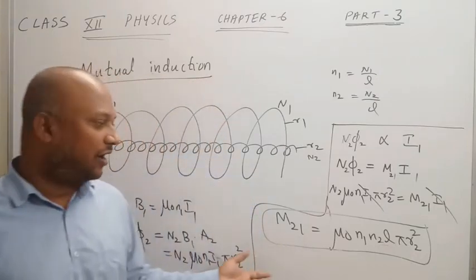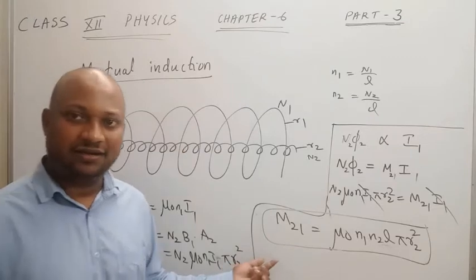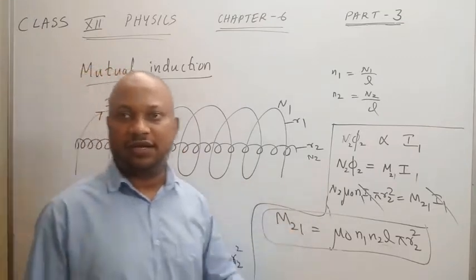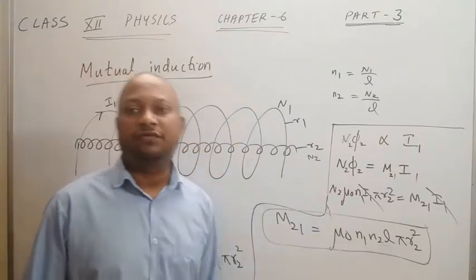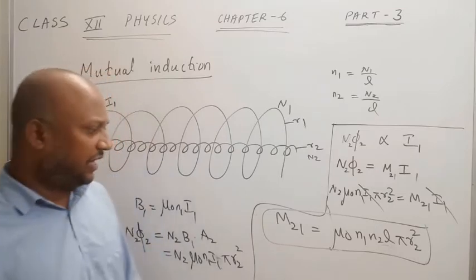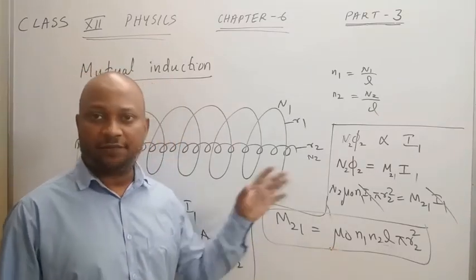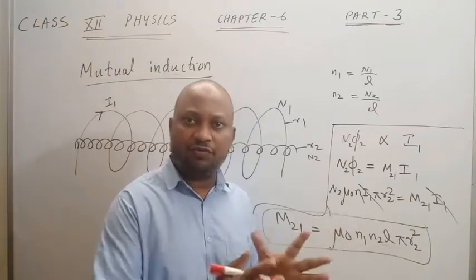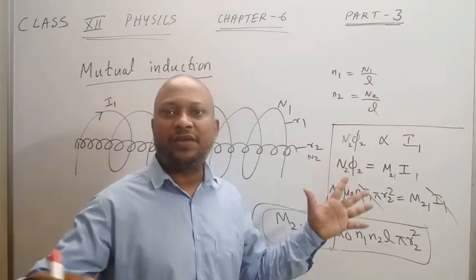So here you have derived the mutual inductance formula for the second inductor, or second coil, or second solenoid. It could be a coil, it could be a solenoid, the second solenoid with respect to the first solenoid. So the mutual inductance of the second coil with respect to the first coil depends on the magnetic permeability, it depends on the number of turns, how closely it is wound: if it is closely wound, there is a greater number of turns per unit length, and if it is loosely wound, there will be fewer turns per unit length.